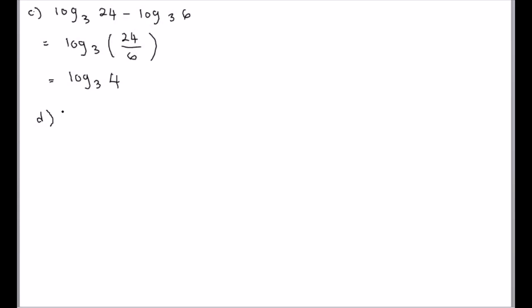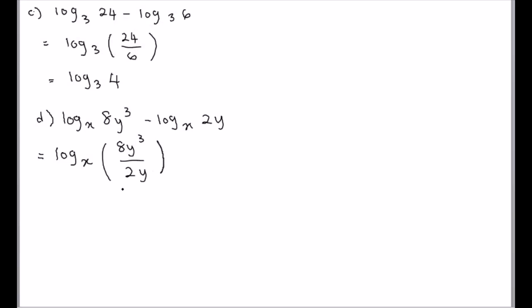Question D. Now we have log base x 8y power 3 minus log base x 2y. So by using rule number 2, this will equal log base x 8y cubed over 2y.